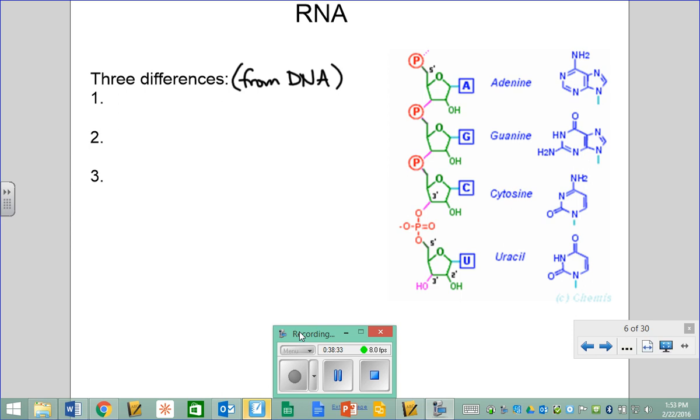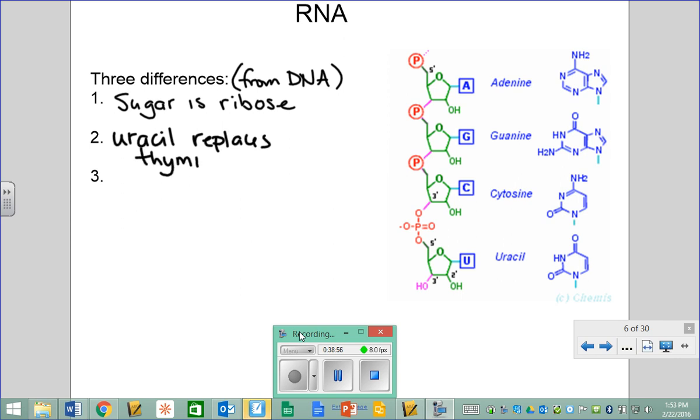The first difference, the sugar is ribose, not deoxyribose like it was for DNA. The second difference, like I mentioned earlier, instead of thymine as a nitrogen base, you have uracil.